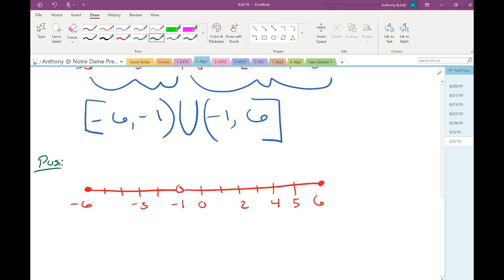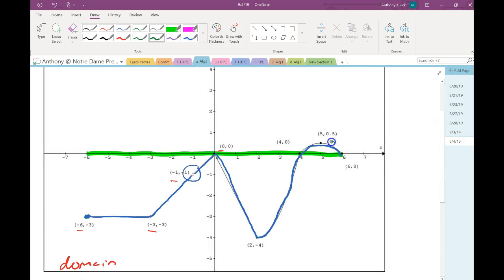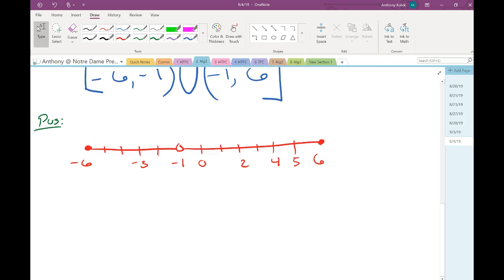So I'm going to do positive first. I'm going to go to my graph and look for the positive sections on my graph. That's the only positive section on my graph, correct? Because it's the only part of my graph above the x-axis. So that's going to go from 4 to 6. Everybody okay with that?